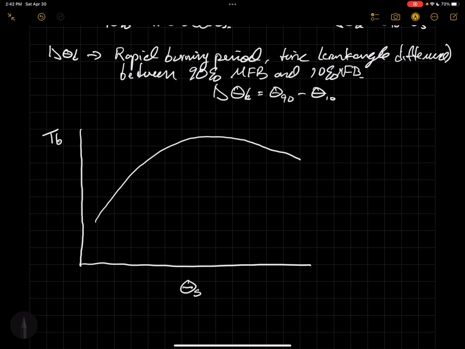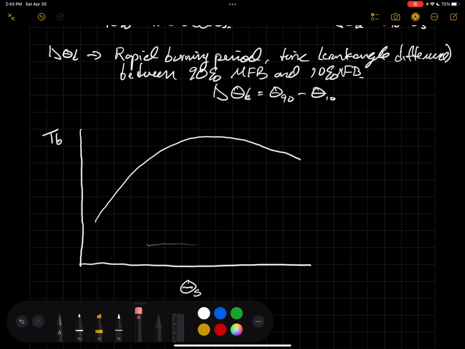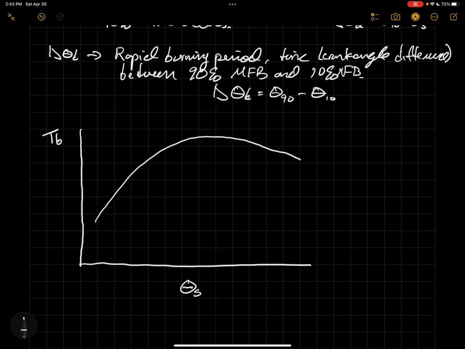cycle. Okay, so I'm using words like earlier and later, and those are actually not the words that we typically use. So if I change my spark timing such that I move the spark timing in this direction, to the left, essentially that spark timing being released earlier and earlier in the cycle, then I would call that an advance in spark timing.